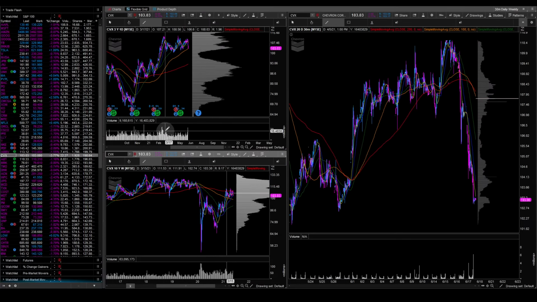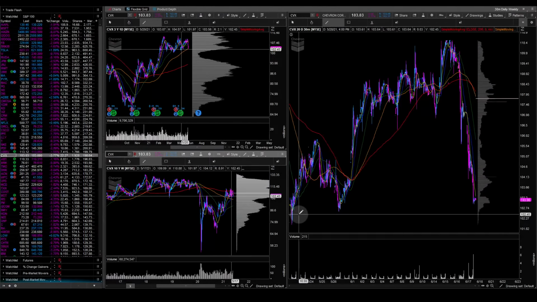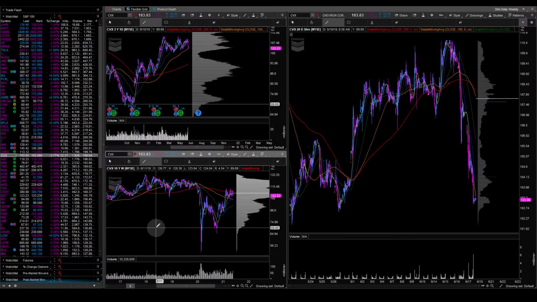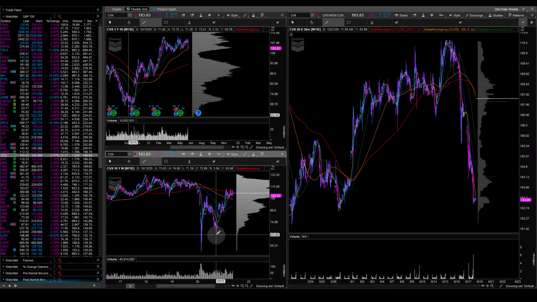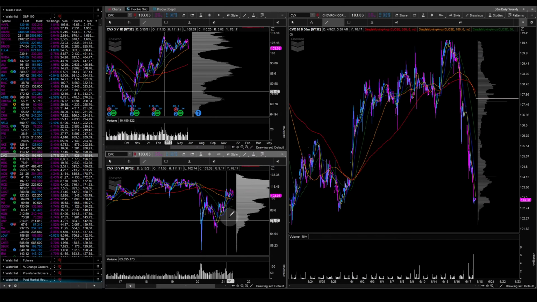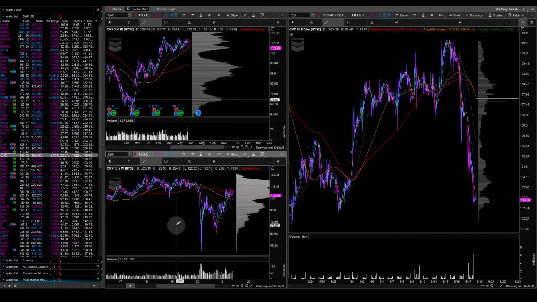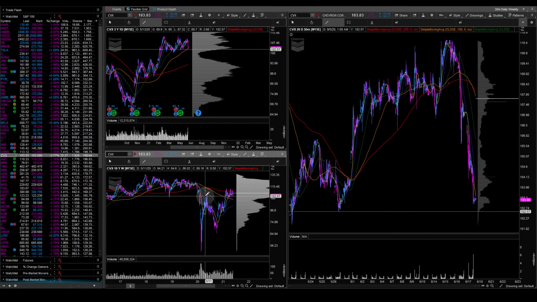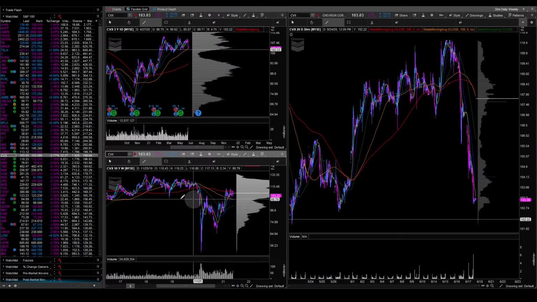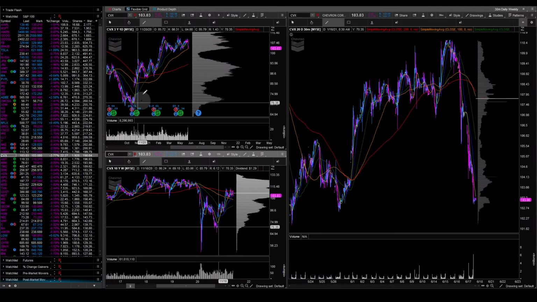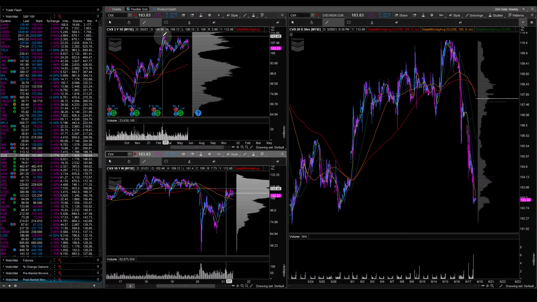CVX, Chevron, like the rest of the oil complex right now. A little bit of weakness here. Definitely. So this is the weekly down. Like, it's too sharp of a move to sustain. So sideways is kind of welcomed, but you know, here on the daily it's broken that trend. So it's in a balance area.